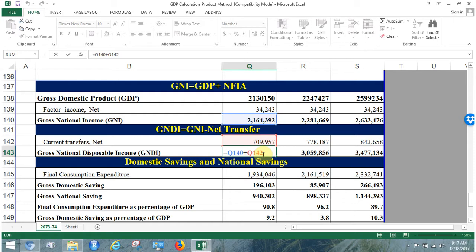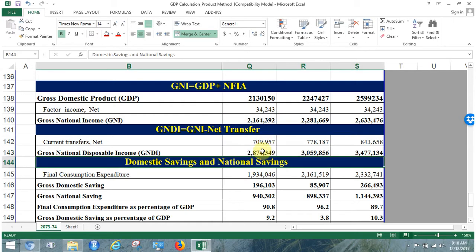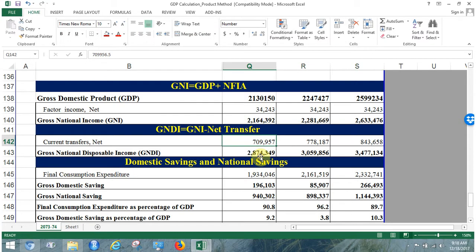So when we add the net current transfer to gross national income, it gives us gross national disposable income. So gross national income in 1415 is 2164 billion, whereas the gross national disposable income is 2874 billion rupees, and we can use this formula for all the 3 years.